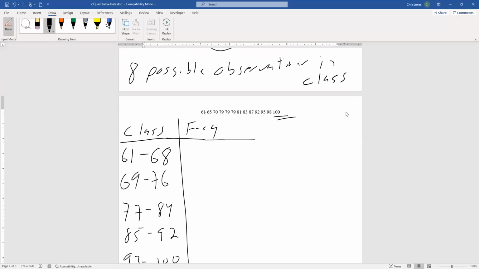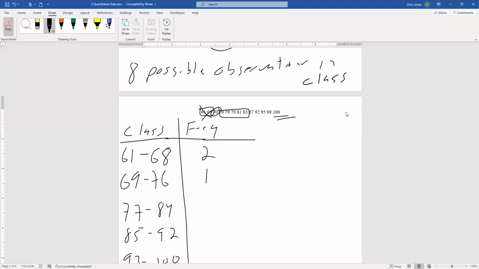So notice that there are 2 observations, 61 and 65, that fall between 61 and 68. Notice that between 69 and 76, there's only 1 observation. And then between 77 and 84, there are 5 observations.